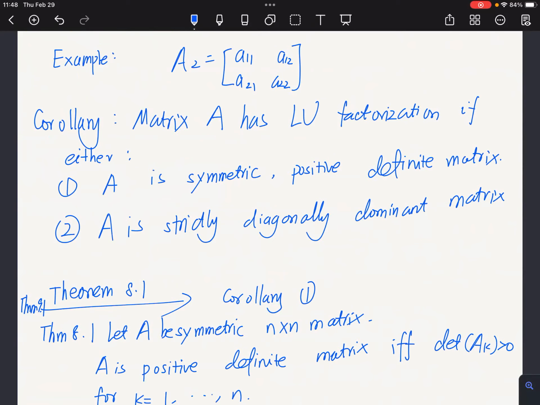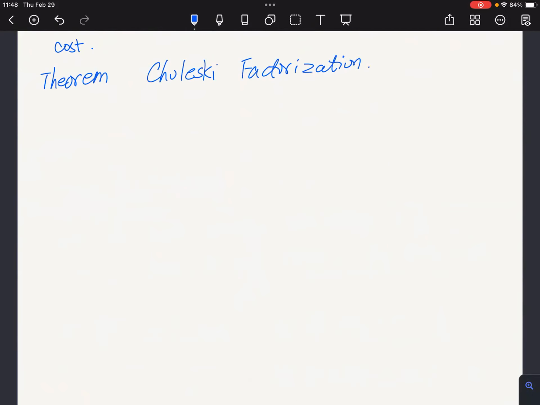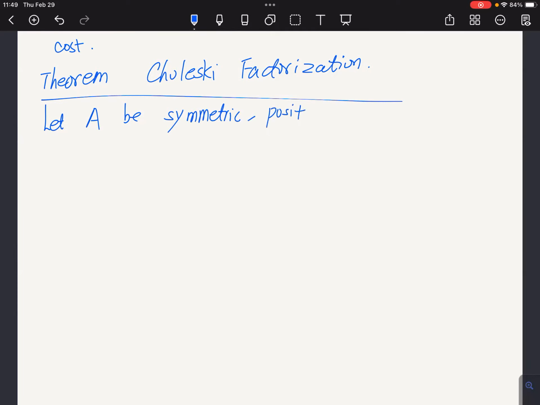But here in the Cholesky factorizations, actually we have strict requirements on the matrix A. So we require A to be symmetric and then a positive definite matrix. And this one is better than the LU factorizations because we just need one matrix, and that's unique.